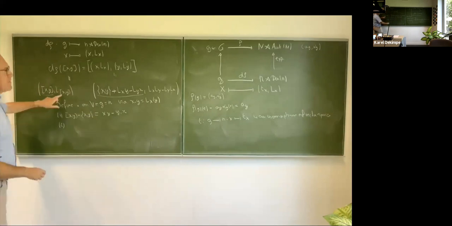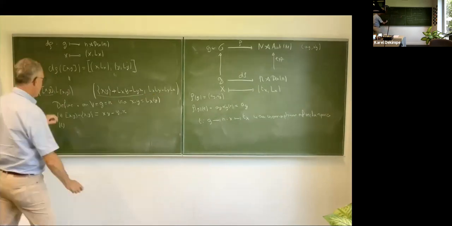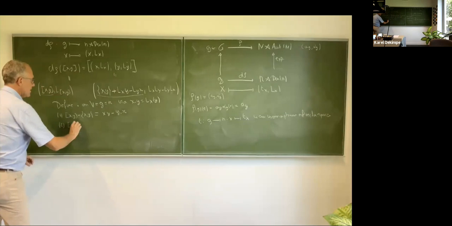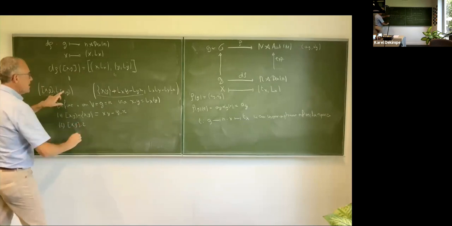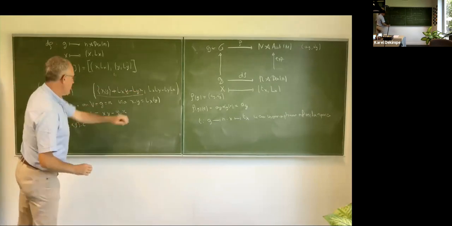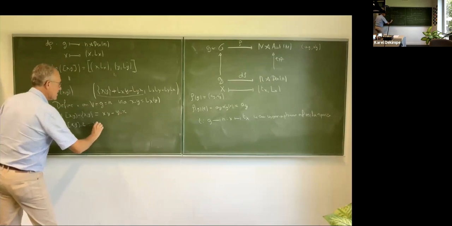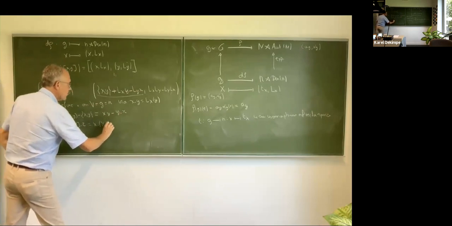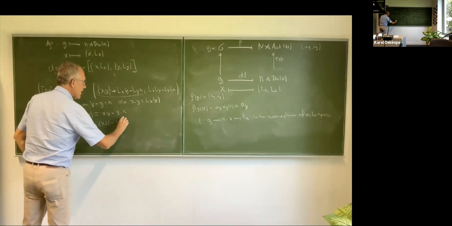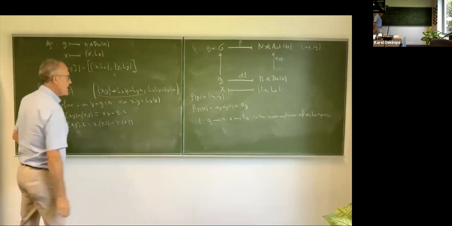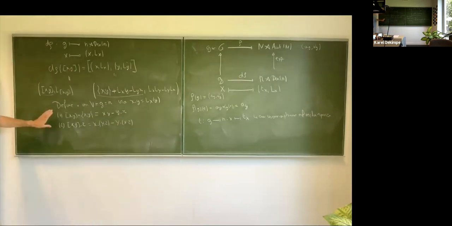Secondly, I have the same thing as before: this applied to z should be this applied to z. So this is x dot y dot z minus y dot x dot z. And so we get these two conditions.